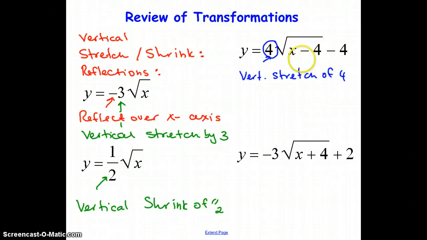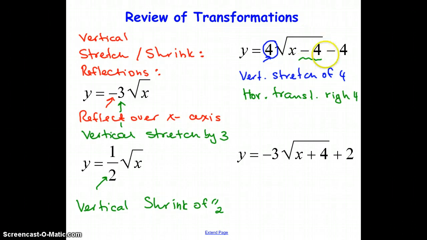Then we're going to worry about our subtractions. It doesn't matter which order you do it in. I'm going to do the inside first. So because it's inside the radical, we are shifting horizontally, and this is going to be right 4. So this is going to be a horizontal translation, right 4.